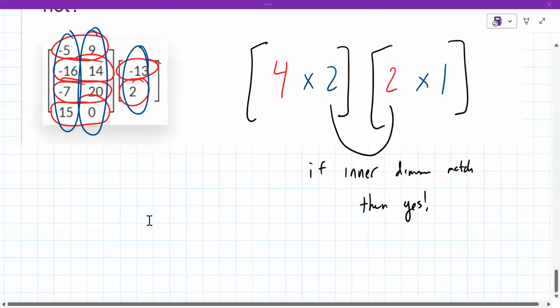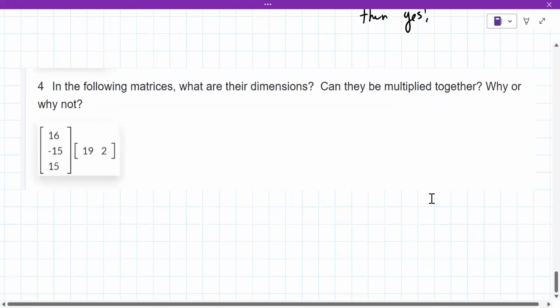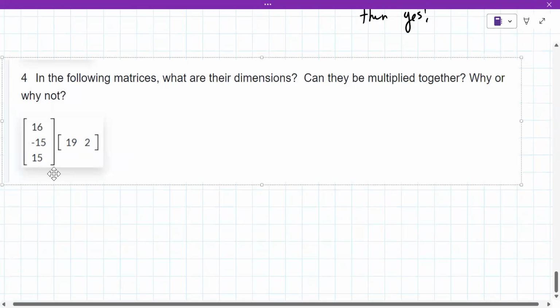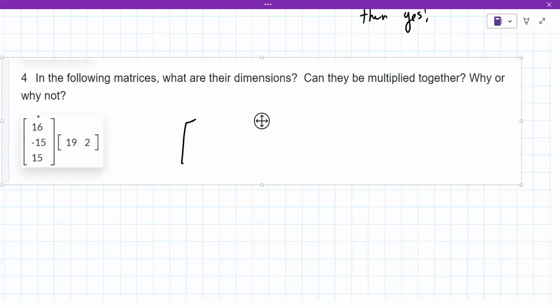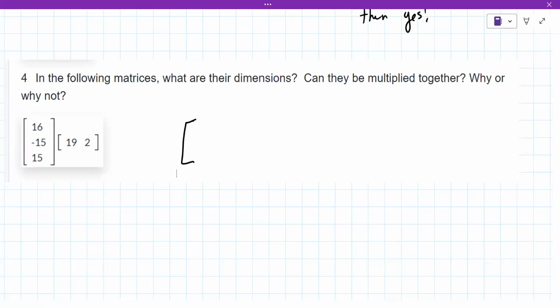All right. So number 4 is kind of the same question here. What I'd like you to do very quickly is tell me the dimensions of the first matrix here. It's 3 rows, 3 by 1.